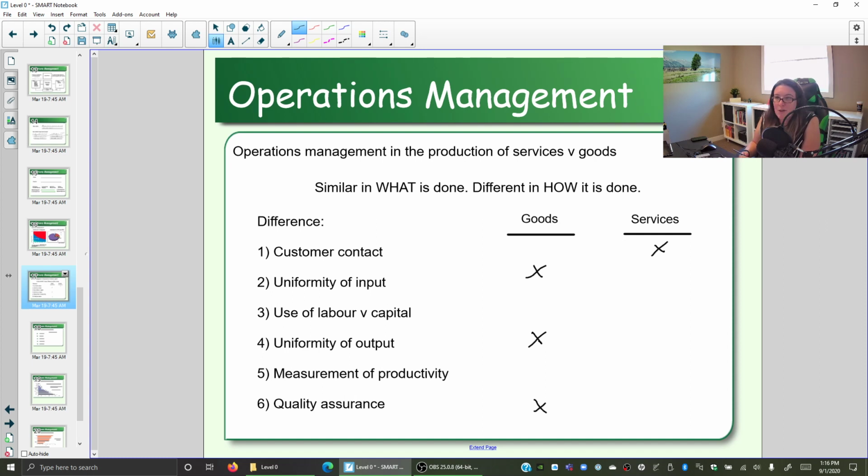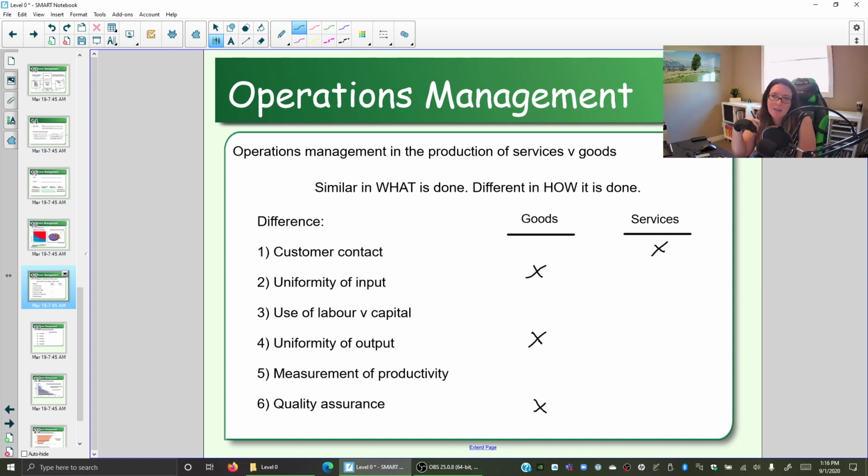So for a good, for example, we could say the typical worker at the Coca-Cola plant makes 1,000 cans a day. That we can measure, and we can see how productive they are. If another employee is making less, we know they're less productive. Or if one shift is making less than another, then maybe there's an issue we need to address. But what about with a service?